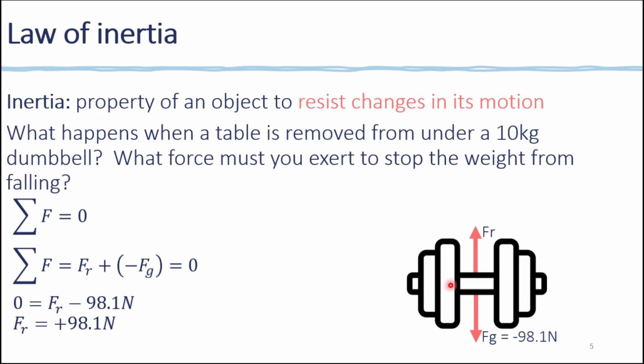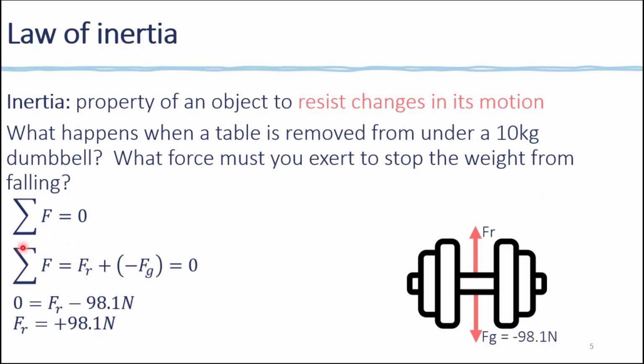And your hand exerts this reaction force that's in the upwards direction against the dumbbell to stop it from falling. So according to Newton's first law, an object will stay at rest only if the net external force acting on that object is equal to zero.